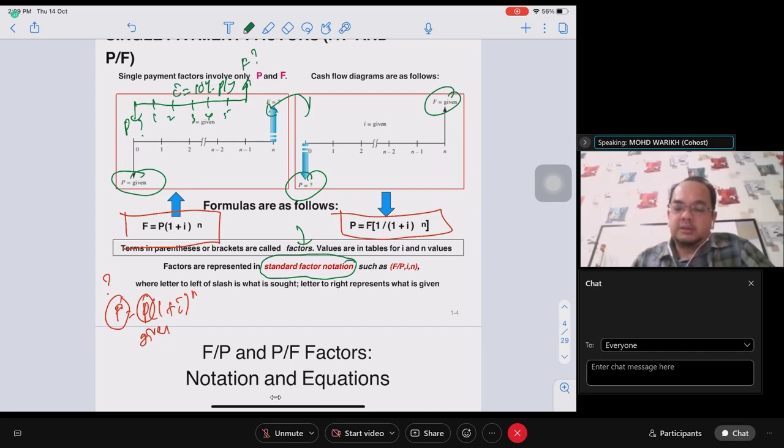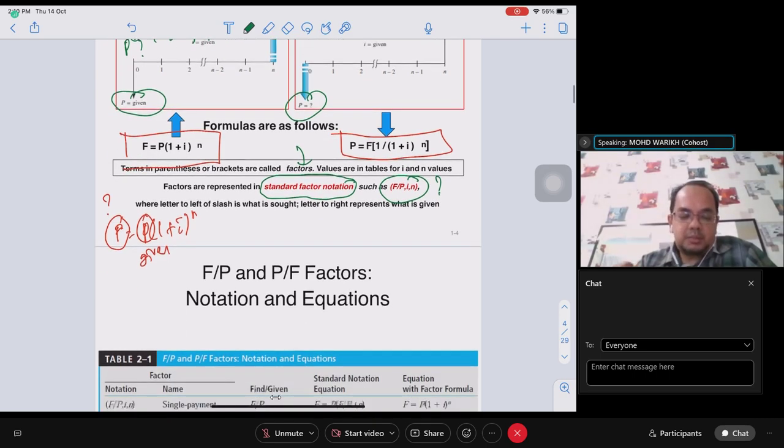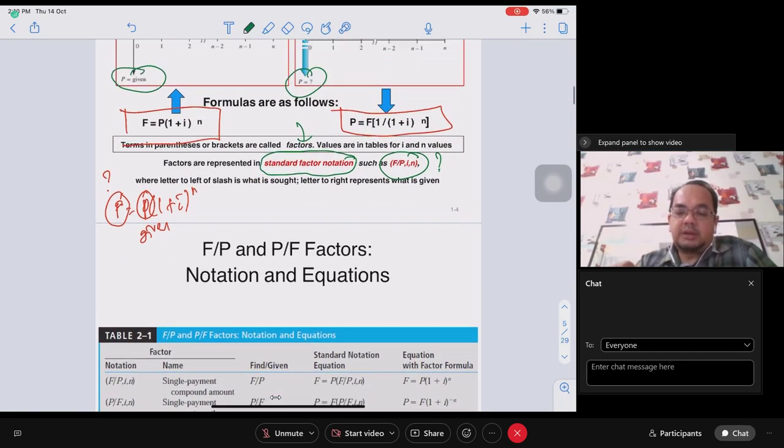So that means we have to use this one. So how to write the standard factor notation in the question? Right, so that means we have to know.